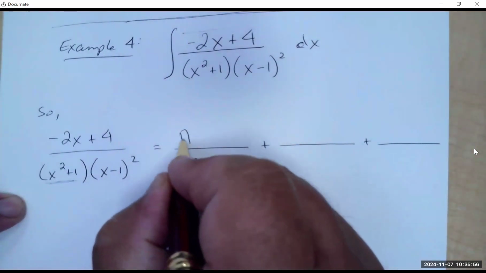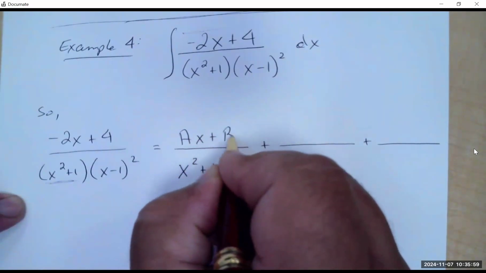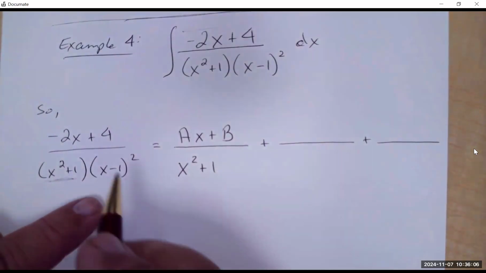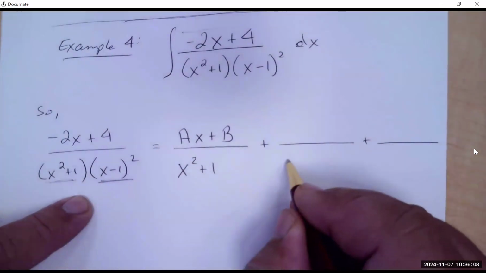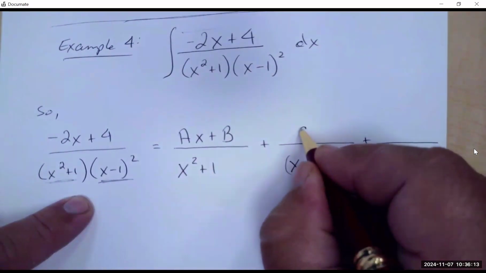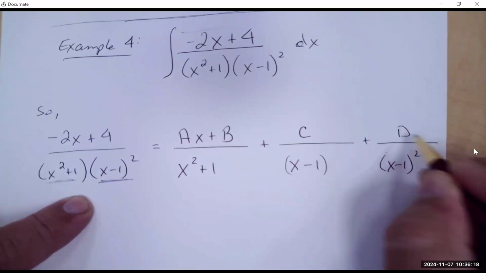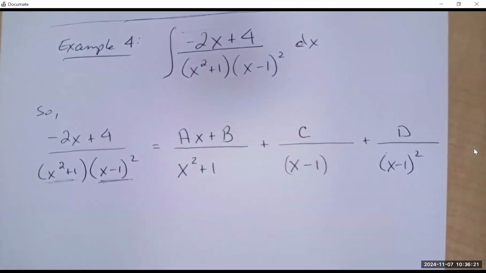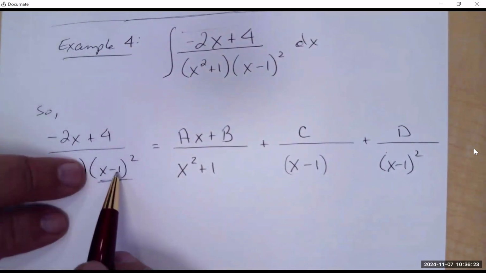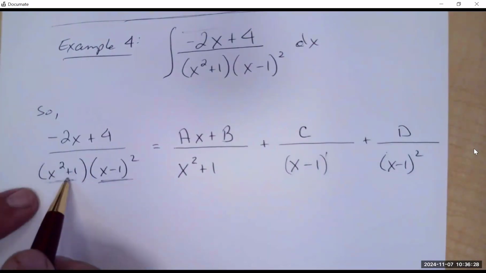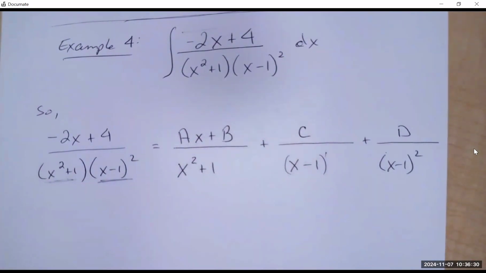So that means our numerator has to be a linear expression. And for the second one, we have x minus 1, which is that one, and then we have x minus 1 squared, which is that one, D. Because we just did one like this, if you have an exponent, you have to do it for 1 and 2 and 3. This is a quadratic, so it has a linear factor on top.